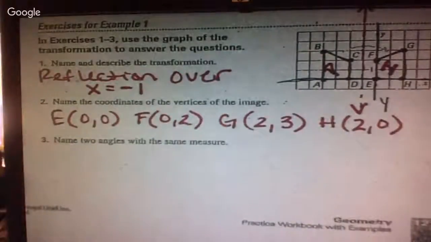Let me show you. This goes like this. If I would take this and fold it in half so they lie on top of each other, that means my crease would be right here.